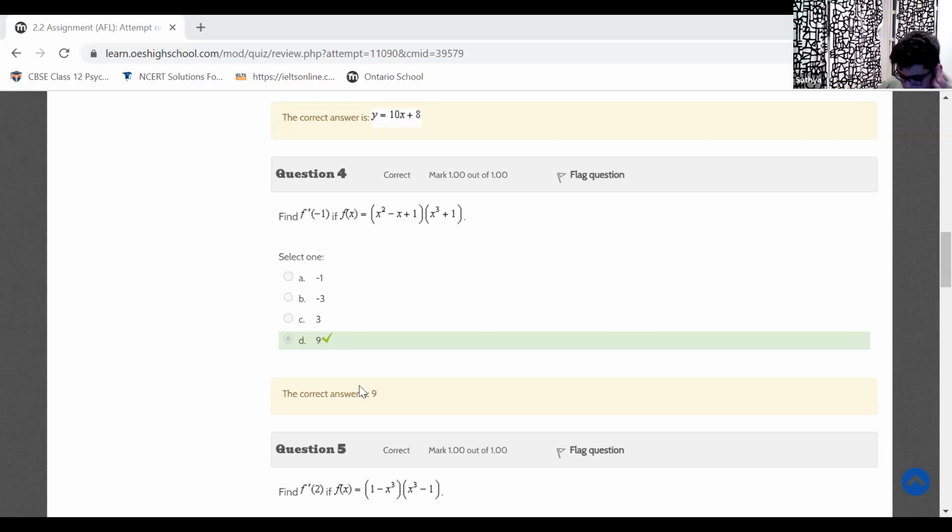So I'm getting x square minus x plus 1 into 3x square plus x cube plus 1 into 2x minus 1. Now open all the brackets and simplify it.